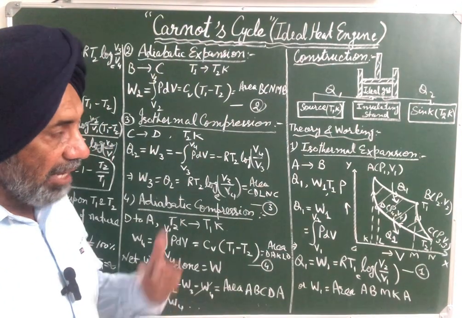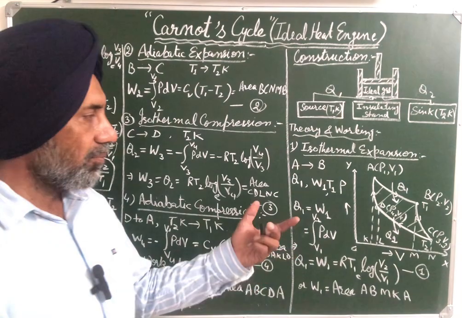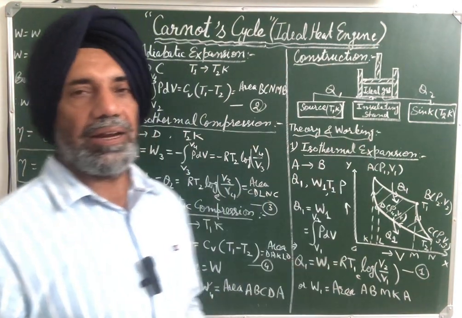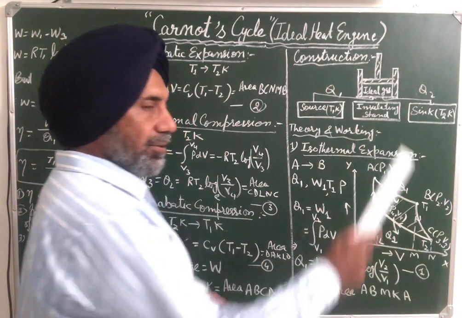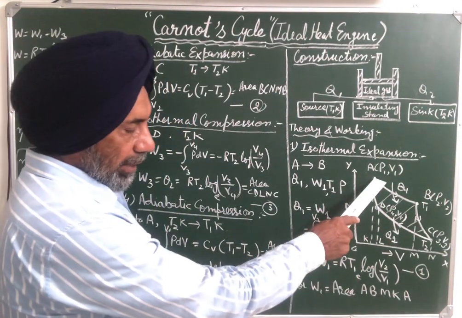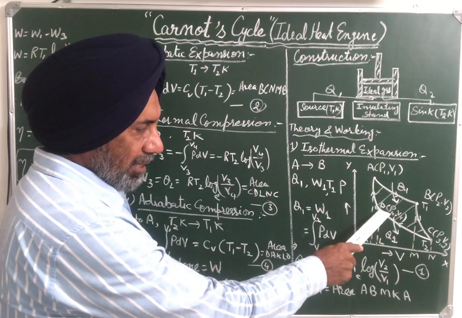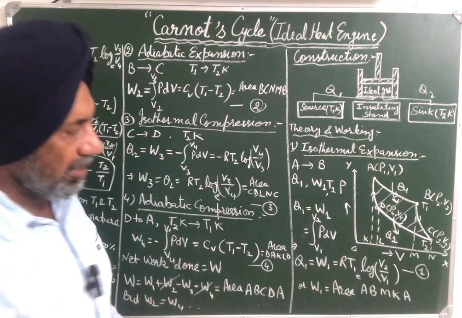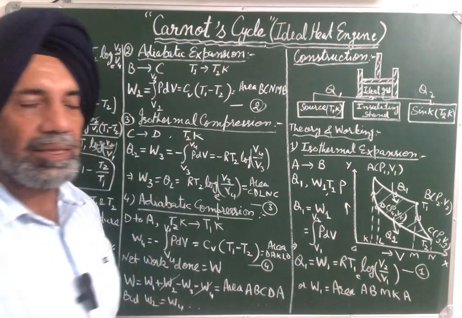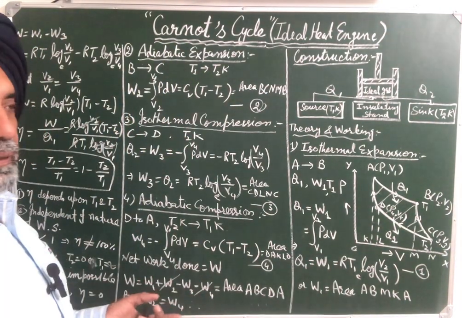So temperature will rise from T2 to T1 again. So this cycle is completed, and the work done will be the area under this curve DA.